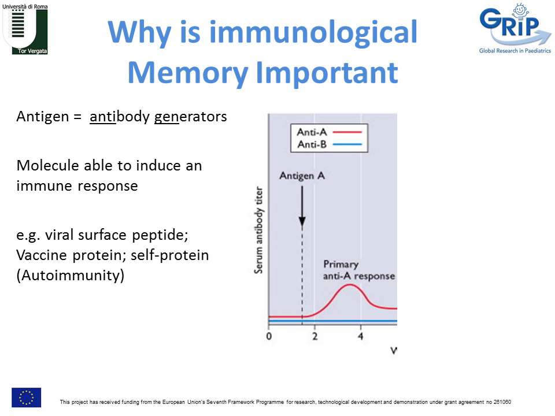If we look at antigen A, which could be a vaccine, for example hepatitis B surface antigen, and we vaccinate somebody with this, after a few days to weeks we find a primary anti-A antibody response.